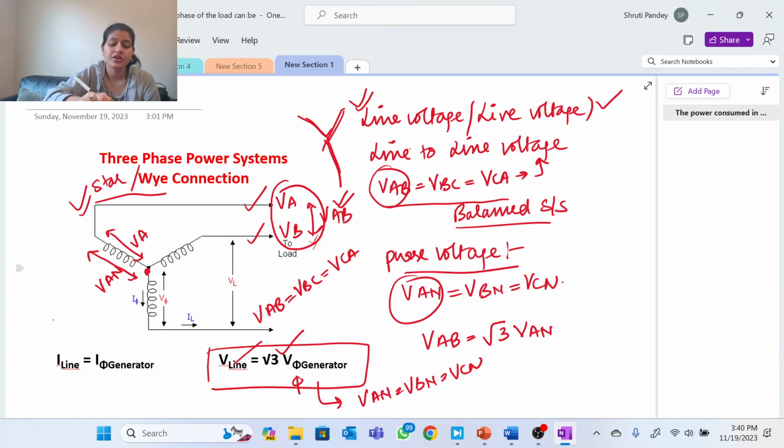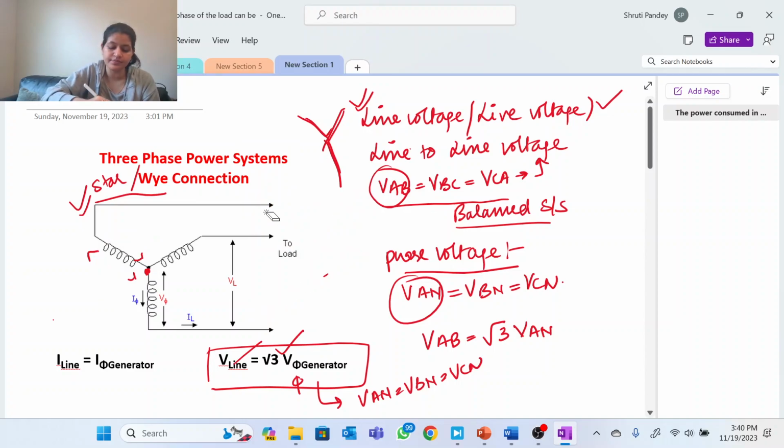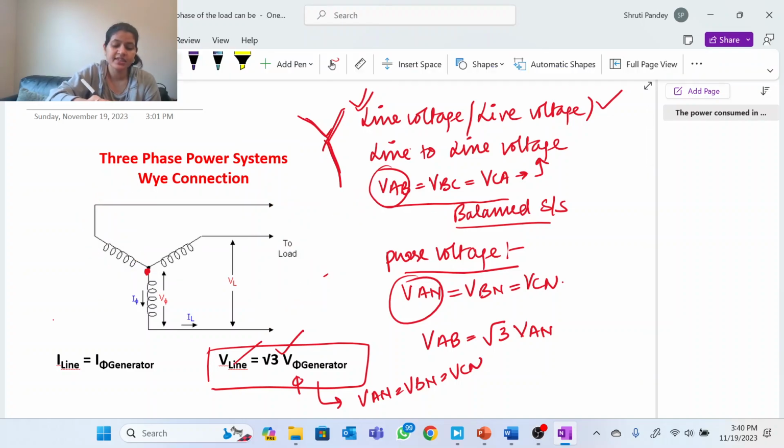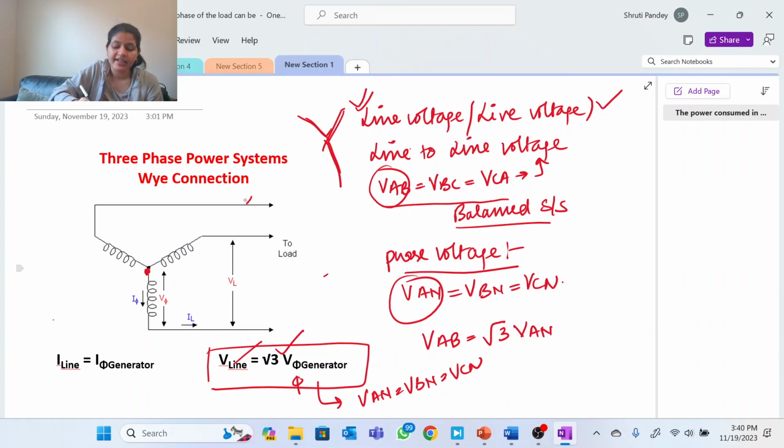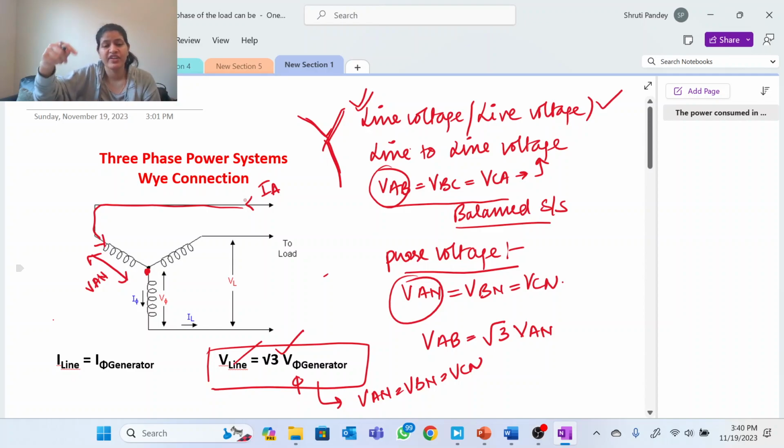Now we'll come to the current part, right? Now you see that this is a line current, line current IA, and the same current is traveling from here. I told you that this is VAN, or you can also call it the current which is flowing in this phase, or from phase to neutral.